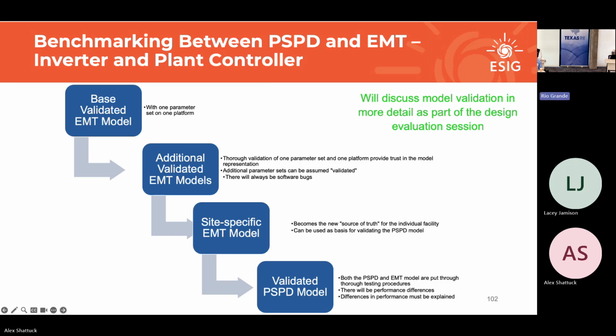So the kind of process would be the base validated EMT model. That's the actual on-site testing and model benchmarking, model validation, checking test over test, sample over sample, explaining differences. Again, that's the one parameter set on one platform starting block. We take that as a source of valid response and trust in the control modes.